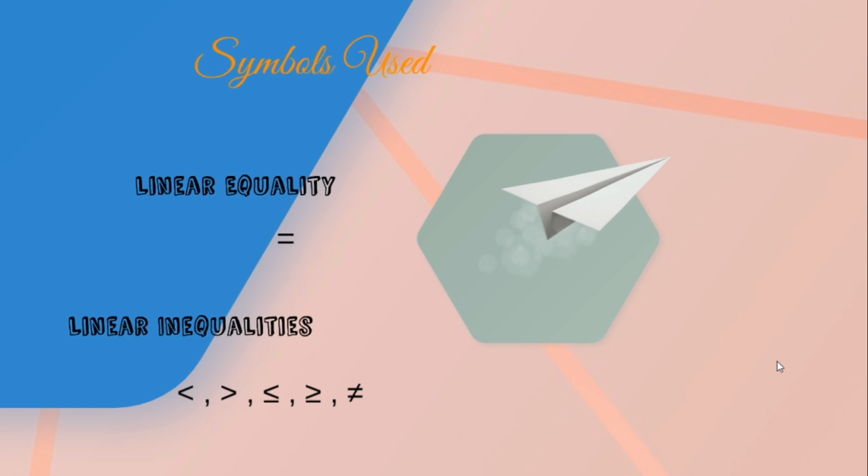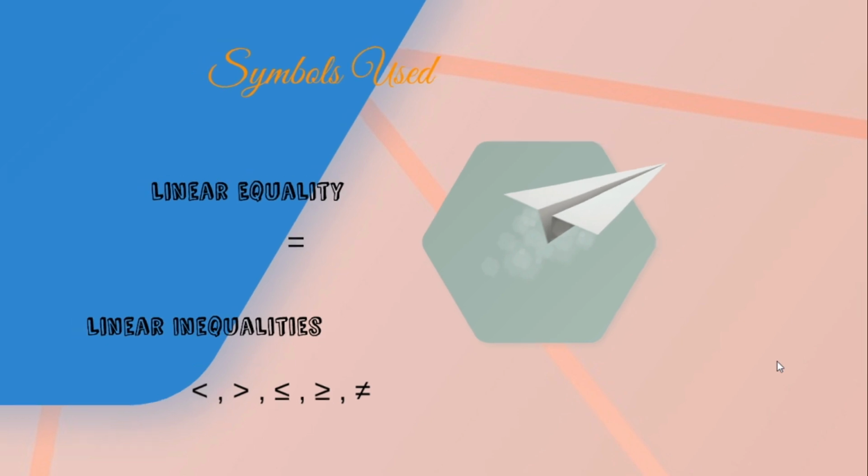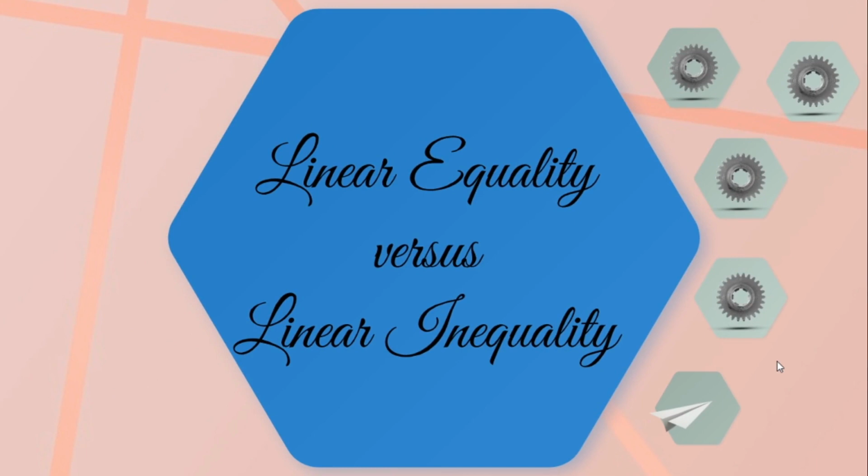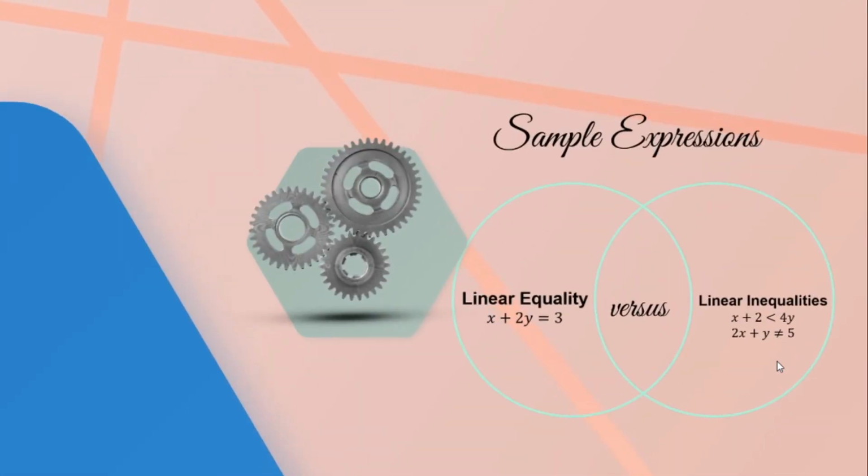Those are less than, greater than, less than or equal, greater than or equal, and not equal. For sample expressions, in linear equality, we have x plus 2y is equal to 3, while in linear inequalities, we have x plus 2 is less than 4y, and 2x plus y is not equal to 5.